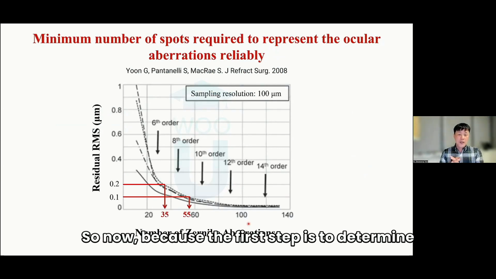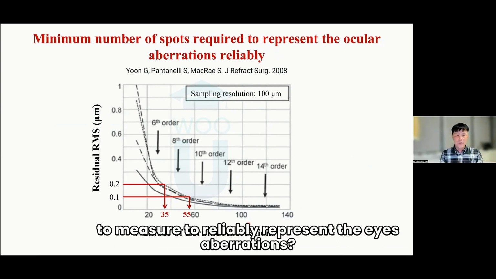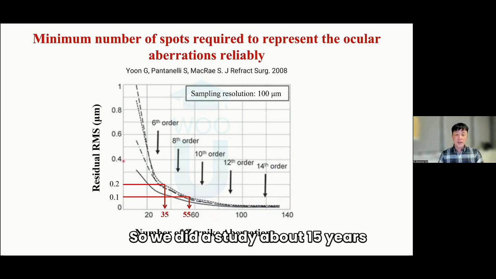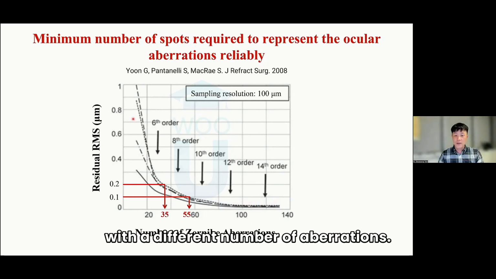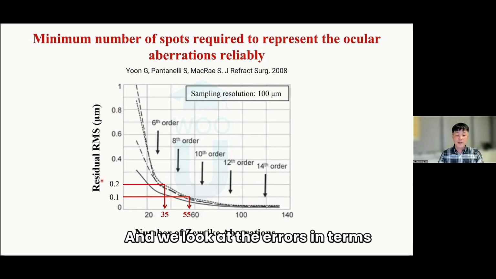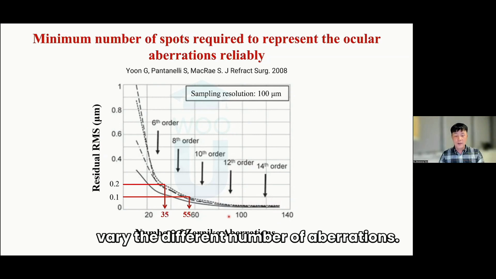Now, the first step is to determine how many aberrations we need to be able to measure to reliably represent the eye's aberrations. We did a study about 15 years ago where we fit the corneal topography with a different number of aberrations, and we looked at the errors in terms of residual root mean square as we varied the number of aberrations.